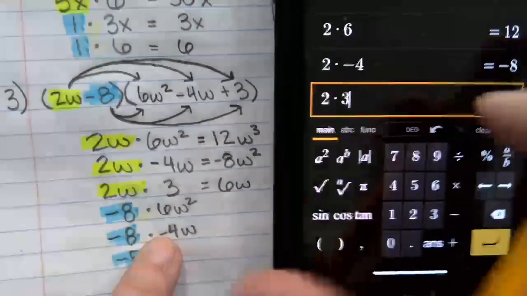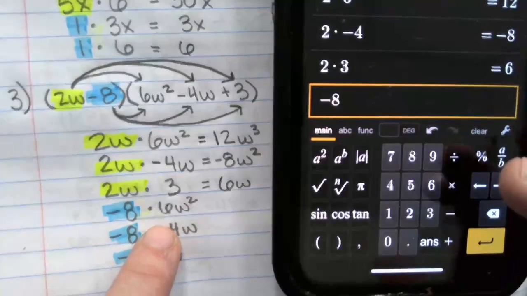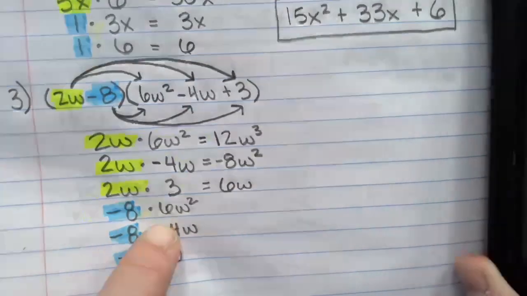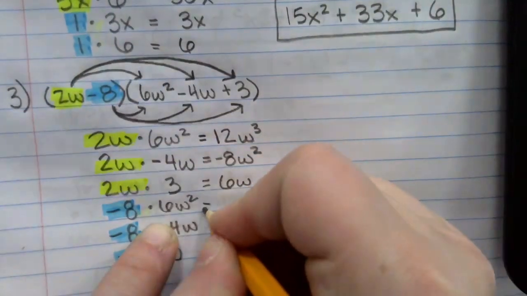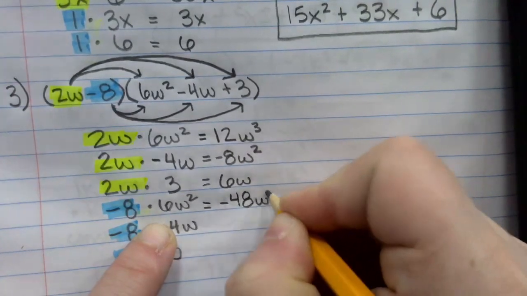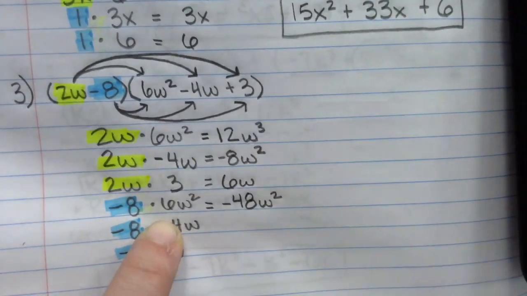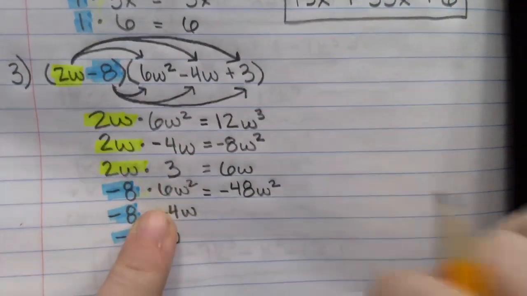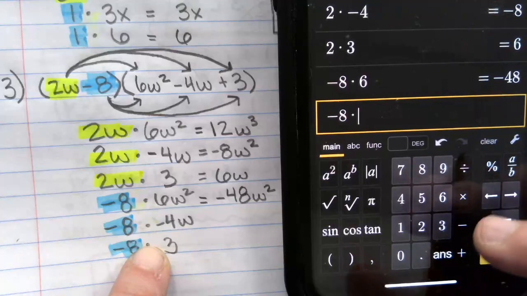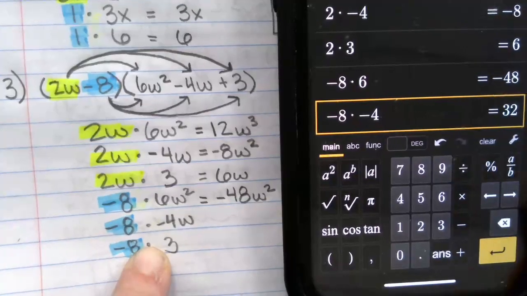Alright, these negative 8s, I hate 8s. Negative 8 times 6, negative 48. And how many W's will be in that one? 2 still, good. The 8 has no W's, but that W squared still has to be attached. Negative 8 times negative 4.